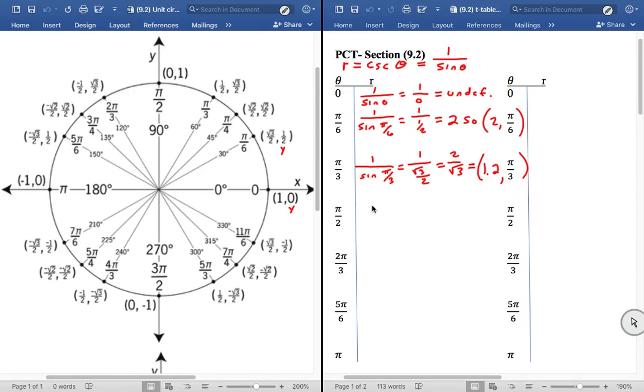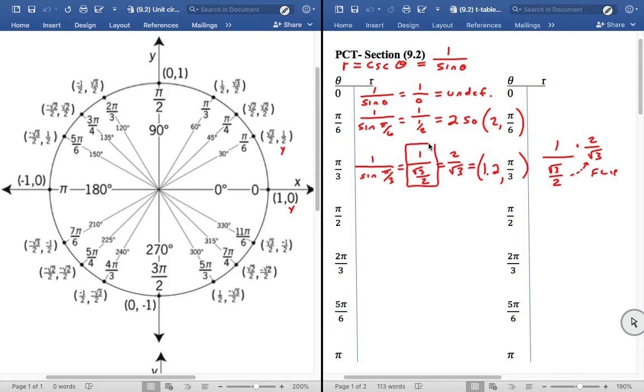Did you cross multiply to get 2 over rad 3? 1 divided by rad 3 over 2 is the same as, if you flip it, 1 times the reciprocal, which is 1 times 2 over rad 3. Oh yeah, you could actually put this all in your calculator.